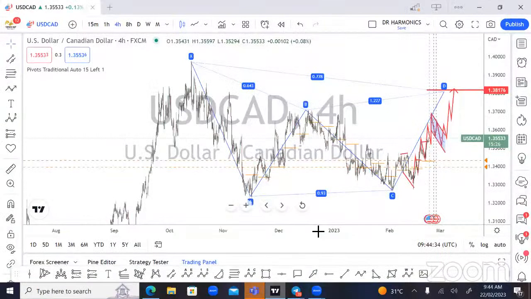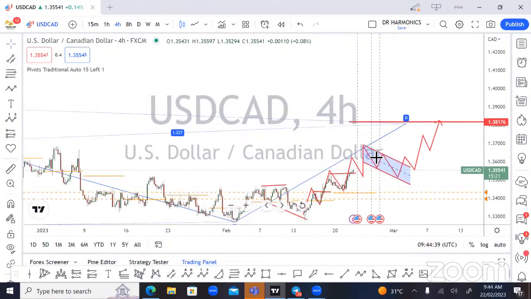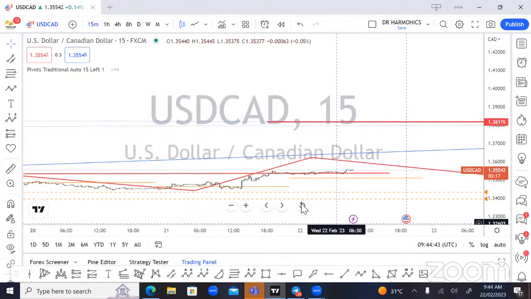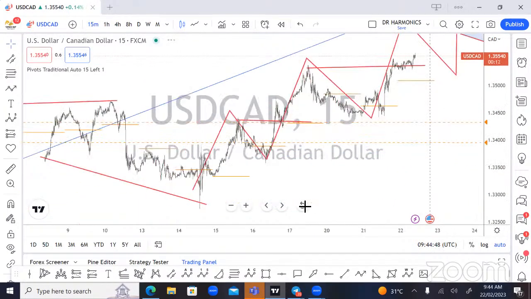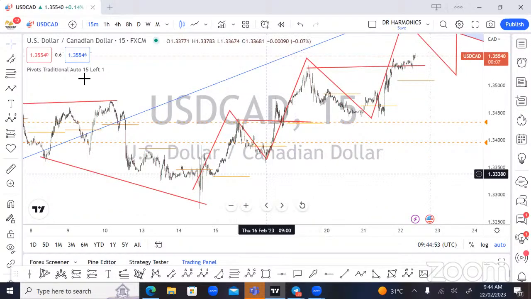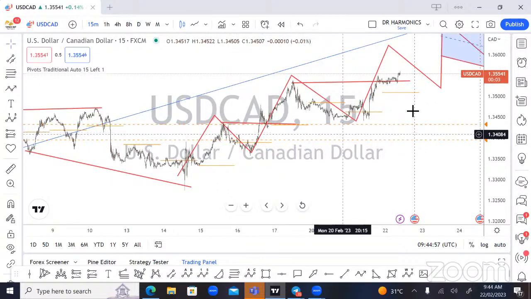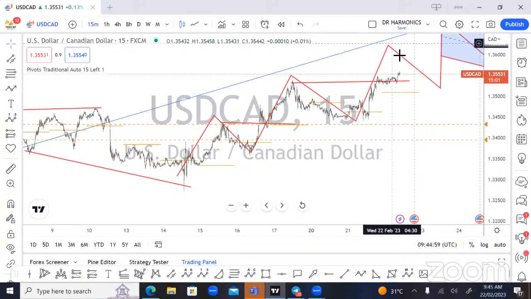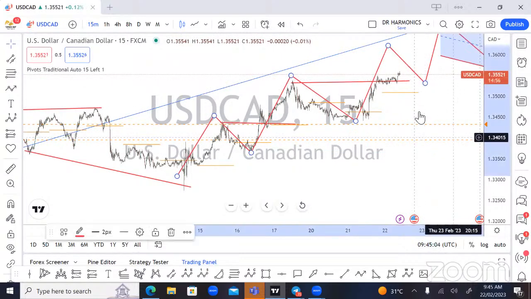So that's the goal for USD CAD. Now, for USD CAD, we are still in a bullish trend. If you want to catch a few pips, it's not too late.